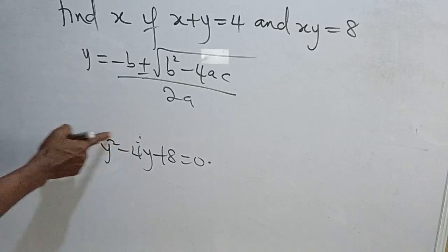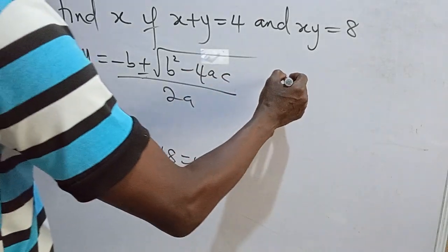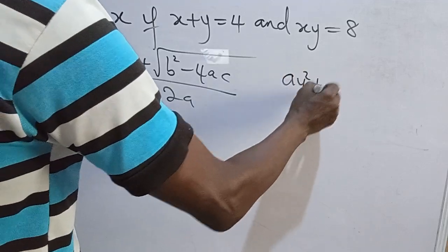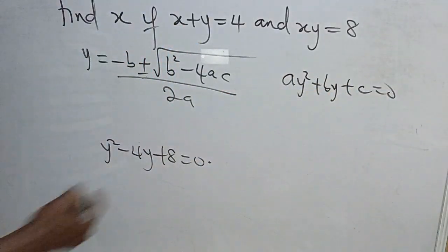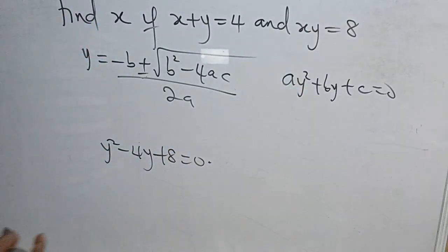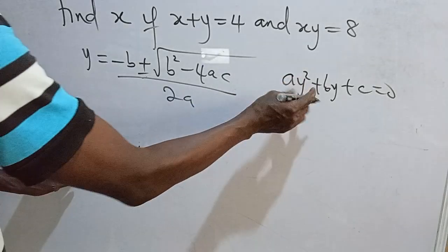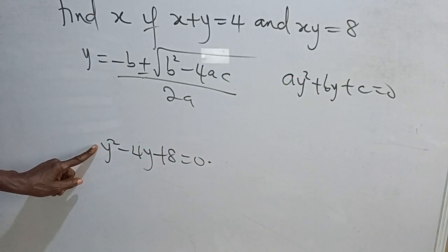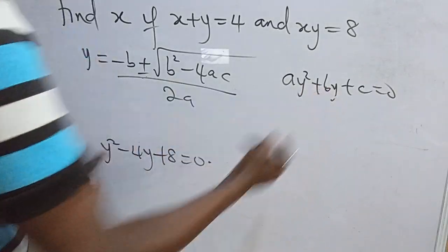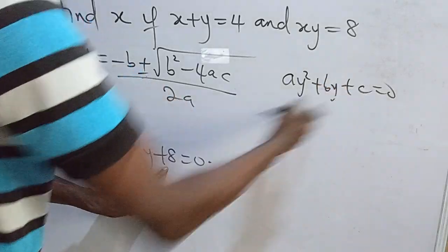Now, comparing this equation with ay squared plus by plus c equals 0, because our variable is y. y is the unknown value here. Comparing, a will be 1, the coefficient of y squared is 1. Comparing by with minus 4y, b will be minus 4, and c will be 8.